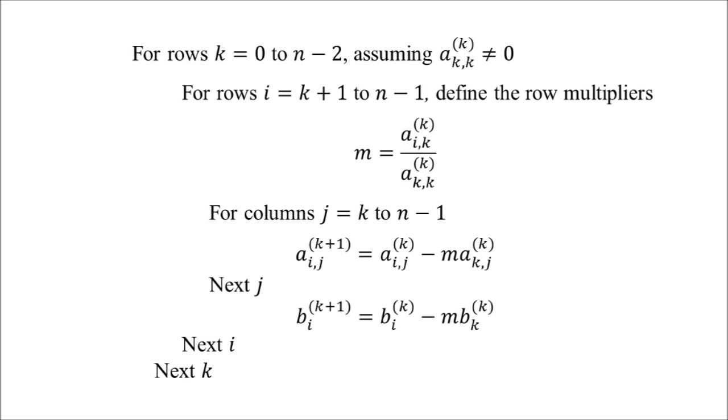We start at the top row k equals 0, and then using the row just below that, i equal to 1, it defines the multiplier m by dividing two values in the A matrix, and then using that multiplier, applying to each column across the matrix, calculating the new value for the entry into the square matrix.